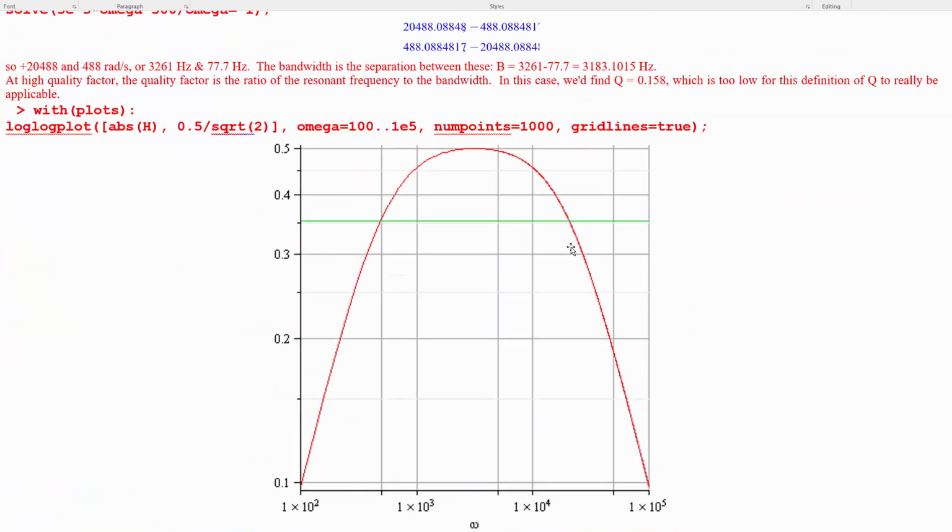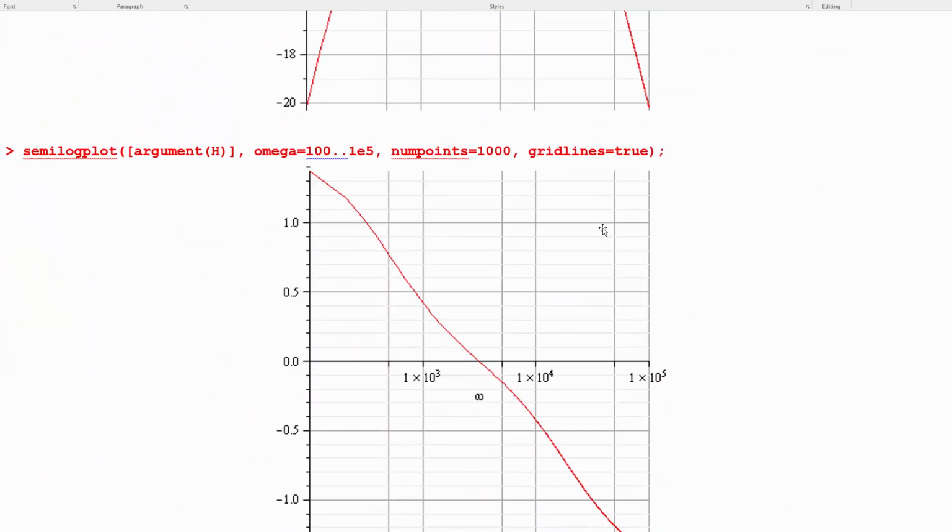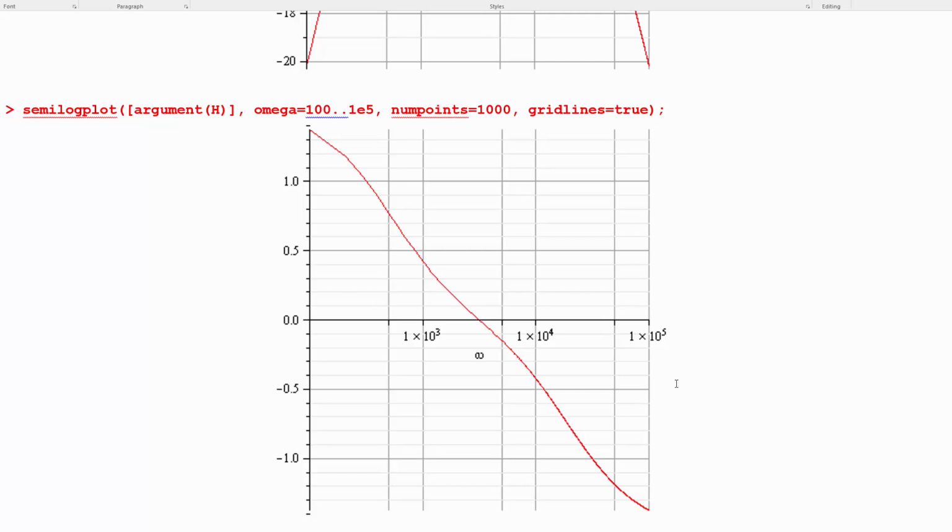Okay, now so in summary, we've got the phase at the high frequency and the low frequency determined by the inductor at low frequency and capacitor at the high frequency.